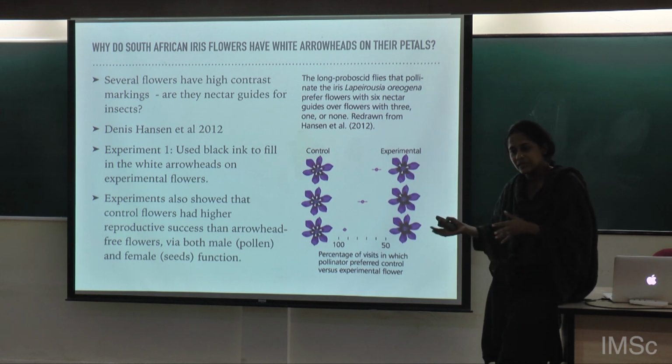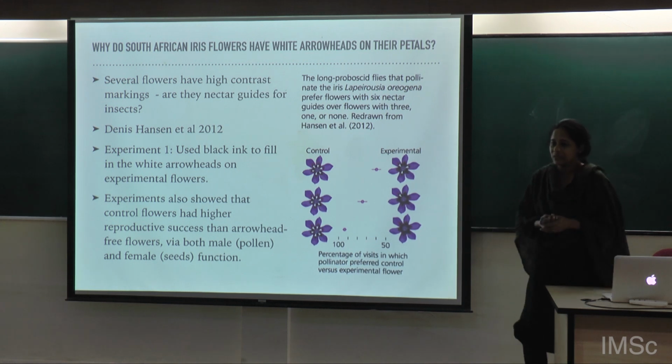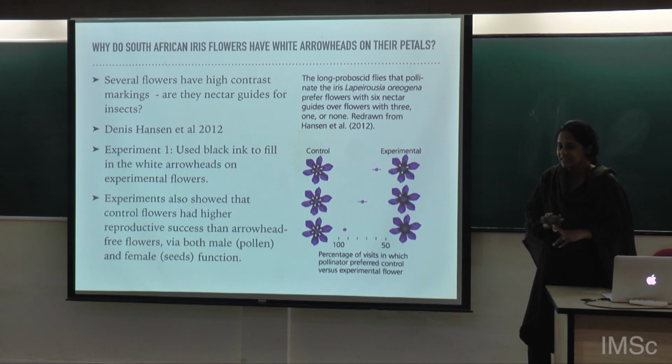You can do various combinations if you can establish beforehand that the flower has UV signals and white signals. So it just depends on your knowledge of your study system before you set up your experiment. And also your question: is the UV the adaptation you want to test, or is the white the adaptation?